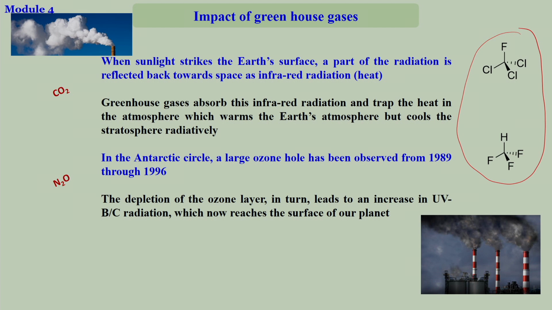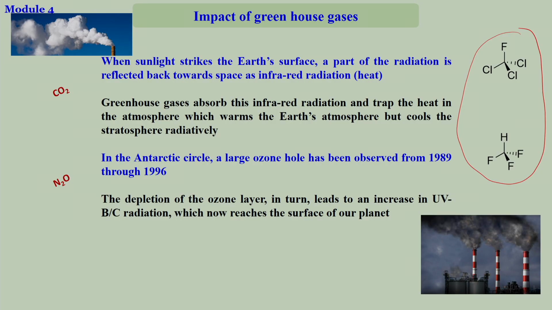Most of the sunlight that reaches the earth's surface is actually radiated back up as heat. So, it is a reflection, and that keeps the earth's temperature proper, it maintains the temperature of the earth.